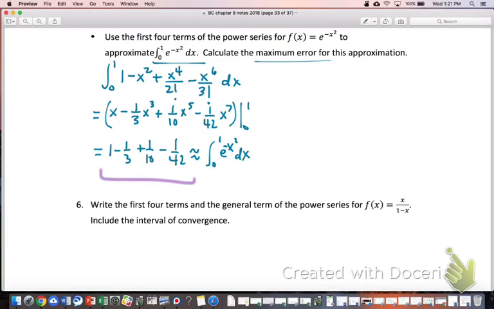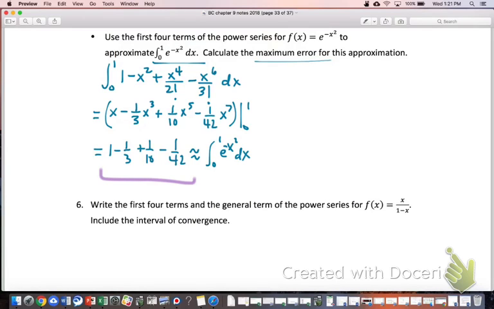What's the most important thing about it? It's alternating. It's okay at this point to say this is a converging alternating series. We can see those terms are decreasing in absolute value towards 0: 1, 1/3, 1/10, 1/42. And it is an alternating series.